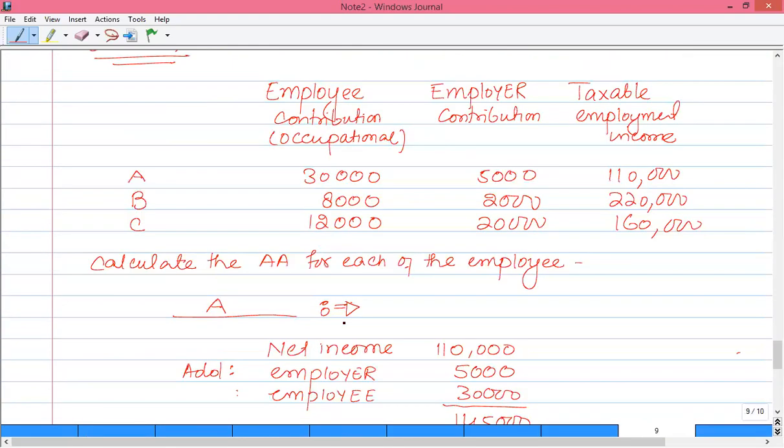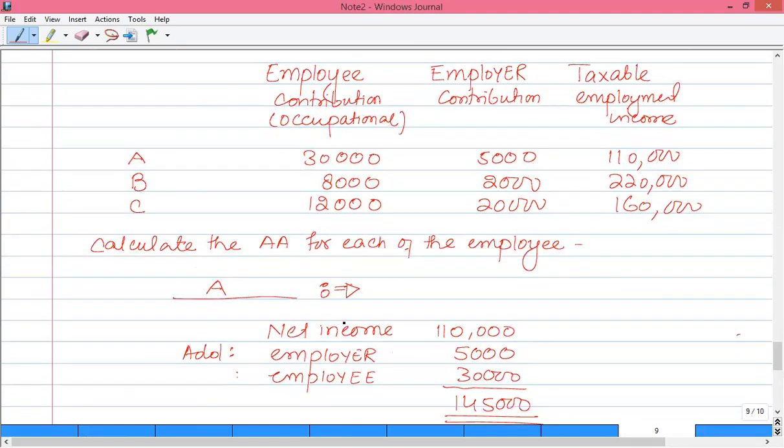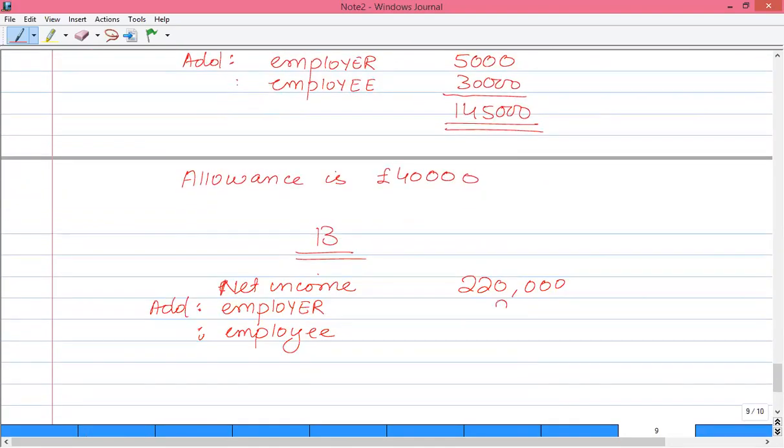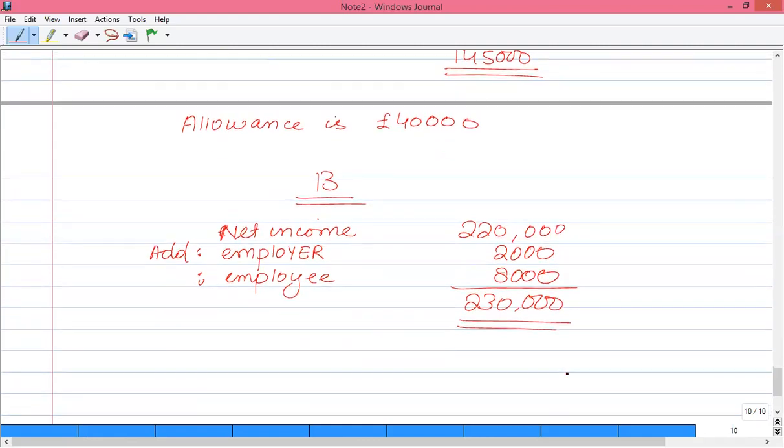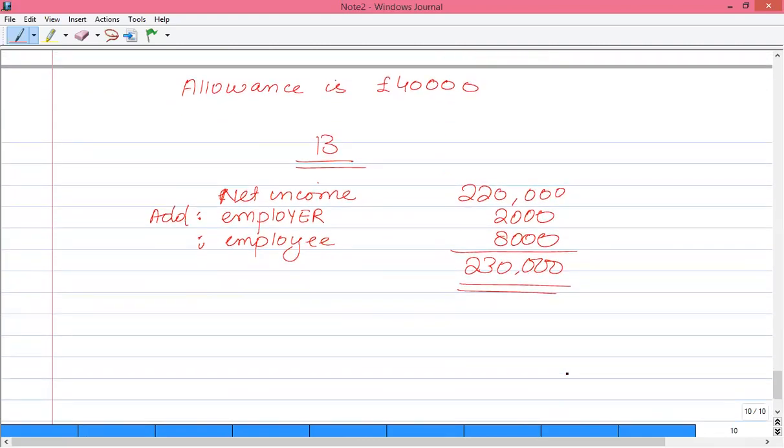Employer contribution is 2,000 and employee contribution 8,000, that is total 10,000. This is 230,000. As we know, if the adjusted income exceeds 230,000, then we can use the concept of maximum reduction.